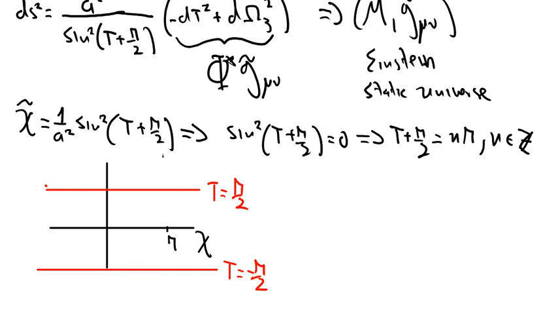So we have to just consider a vertical line. Maybe I will use a thinner pen to draw this line. So that's what we have.